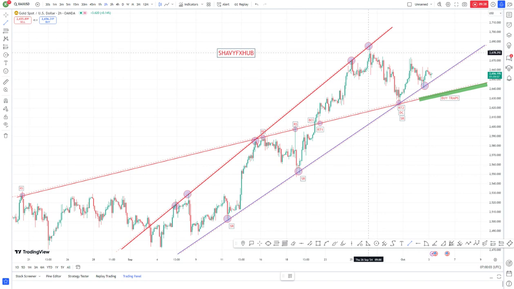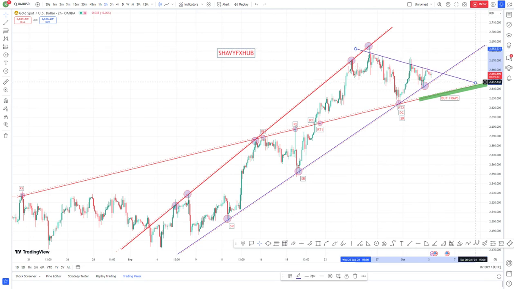From the roof side, we want to see a break and close from the body of the candle. In order to be very accurate, to make sure that price will tap into 2,700. This is a major determinant.